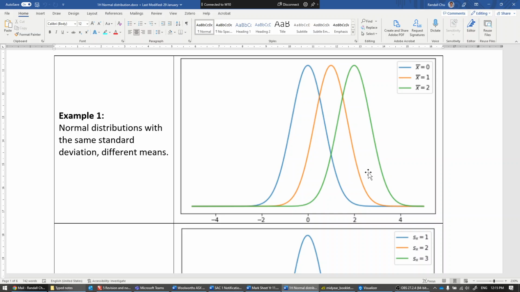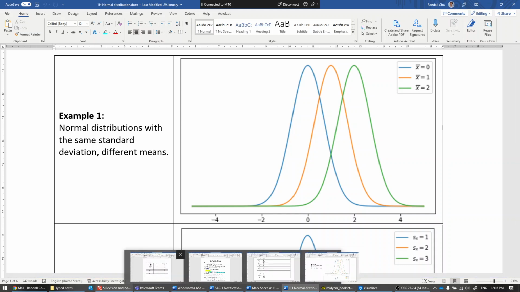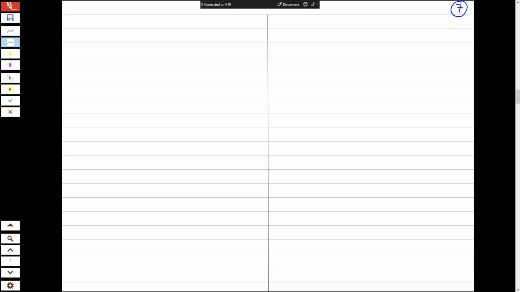Who wants another example with a normal distribution? All right, we'll do one more. I won't do study scores because that's on your assignment. I'll pick a different one.